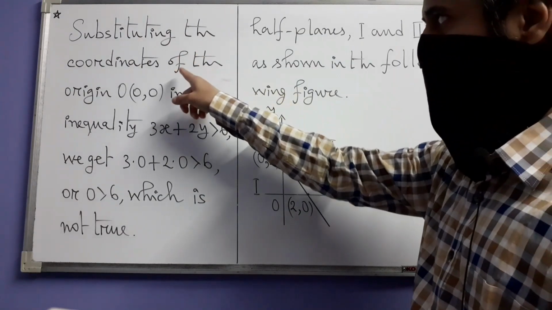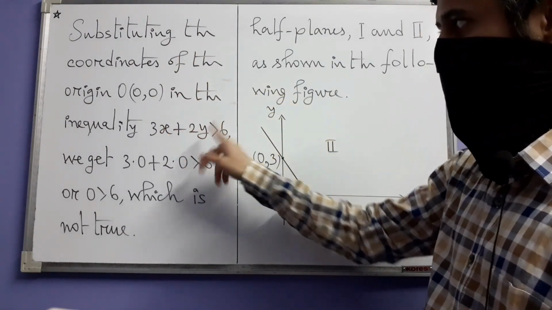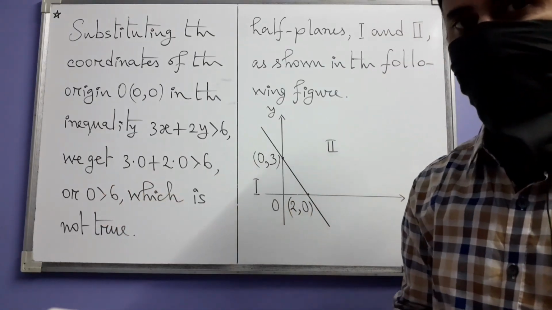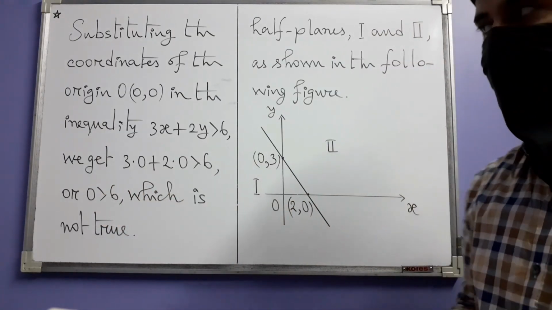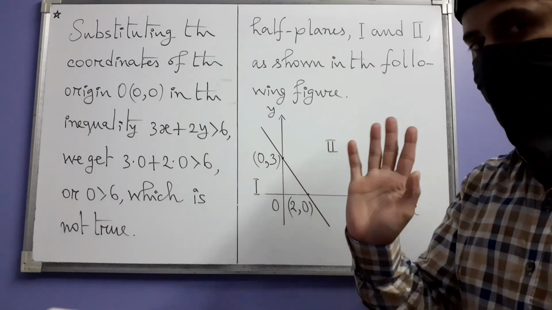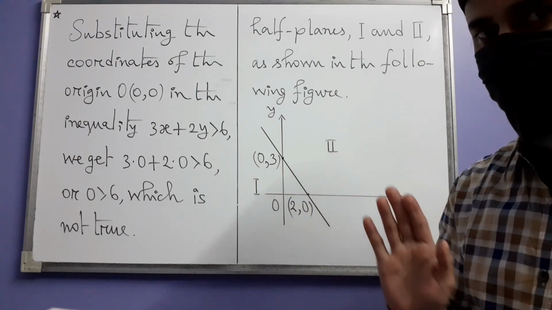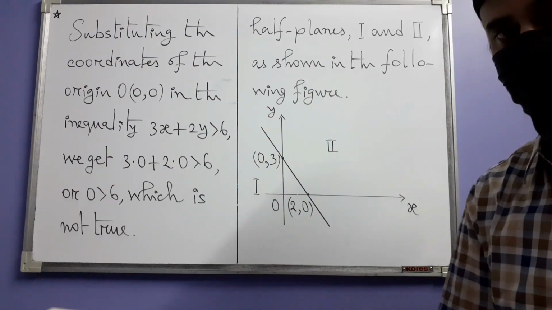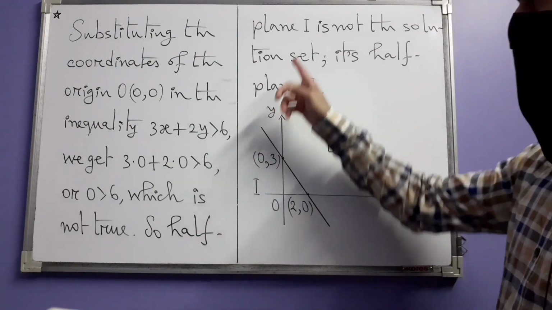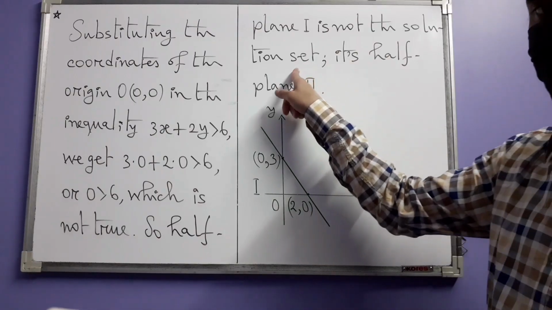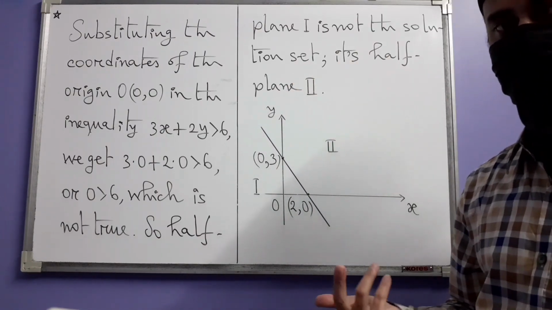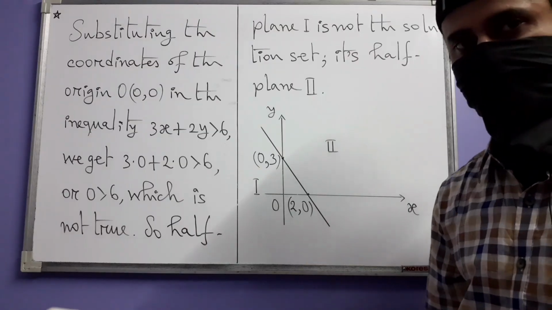Substituting the coordinates of the origin in the inequality, we get 0 > 6, which obviously is not true. That means half plane 1 is not the solution set. That means it has to be the other one, half plane 2. Accordingly we write, half plane 1 is not the solution set, it's half plane 2. And that's it. You see that this is very easy.